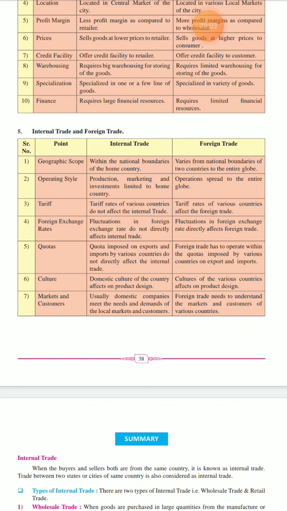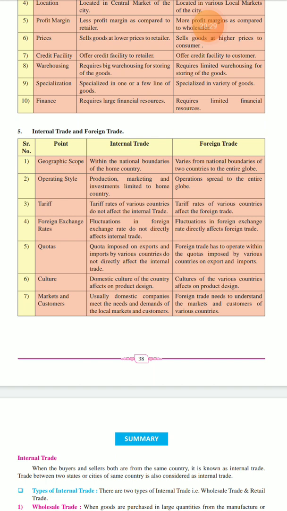Foreign trade varies from the national boundaries of two countries to the entire globe. It can be India and US, India and European countries, India and Sri Lanka, India and Bangladesh. These are foreign trade. It will vary from one nation to another.